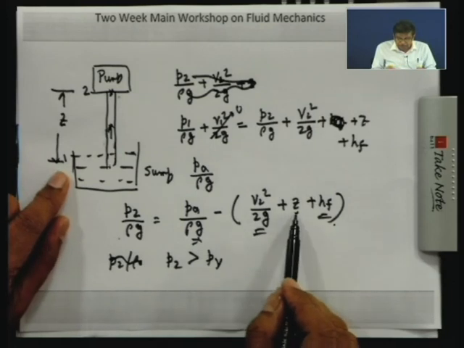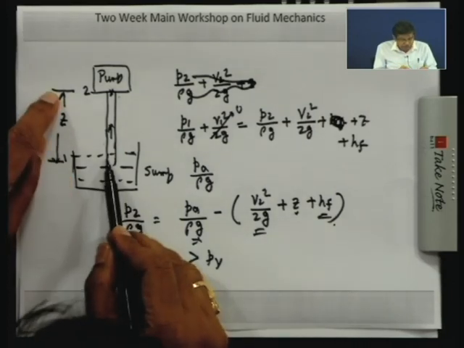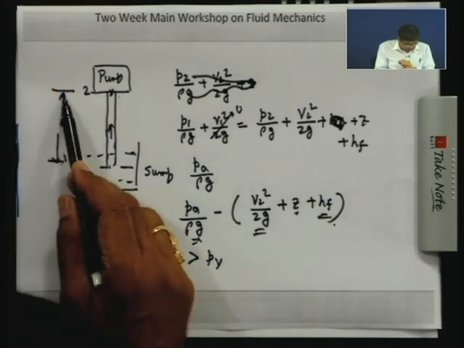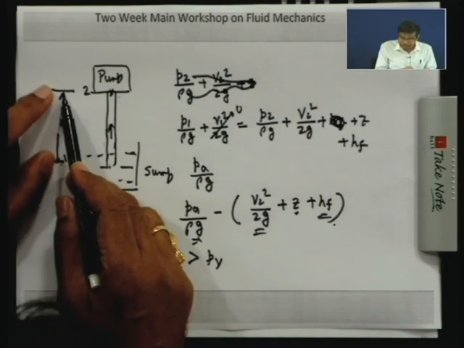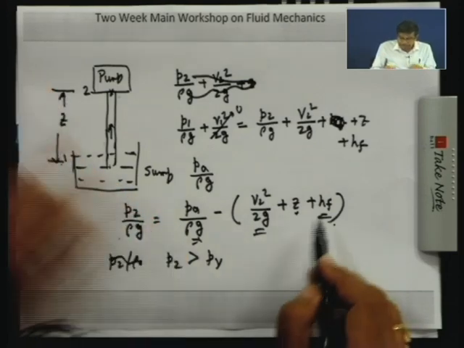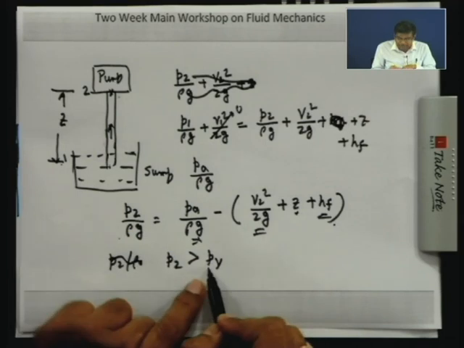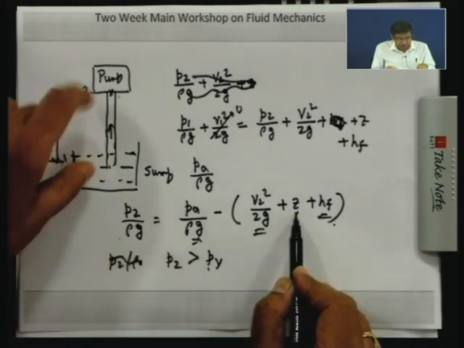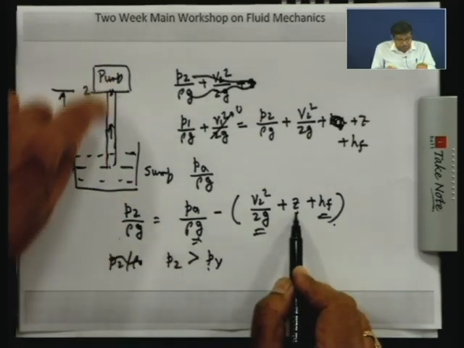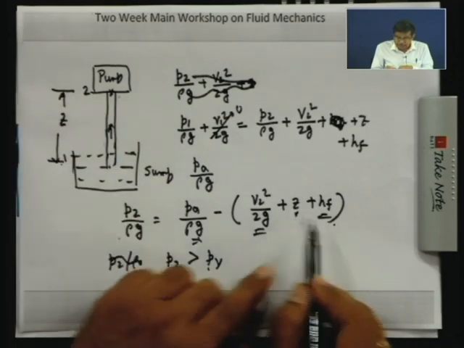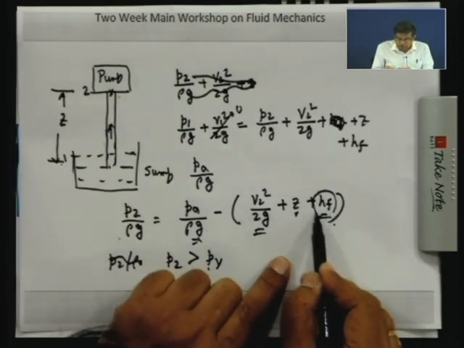So therefore you have to be very careful in installing the pump. If it is installed at a higher elevation Z, cavitation is likely to occur. So you have to be careful that the pump should be installed close to the sump. Similarly the loss of head also should be low.